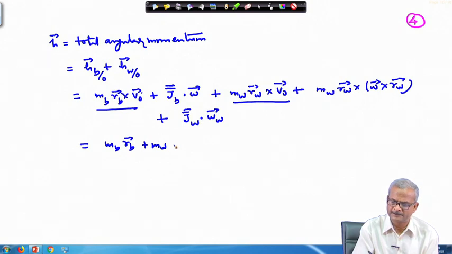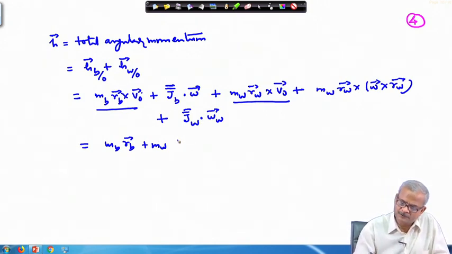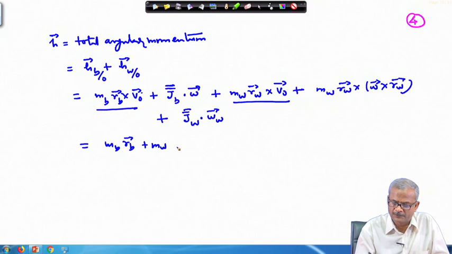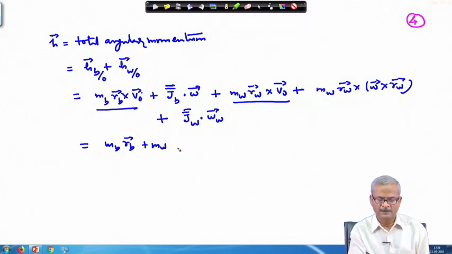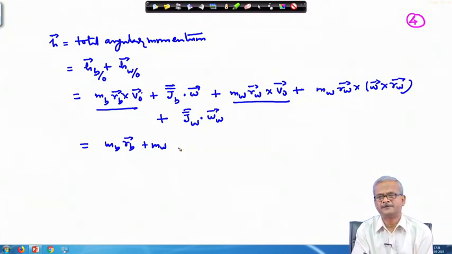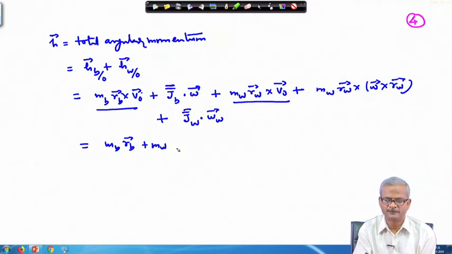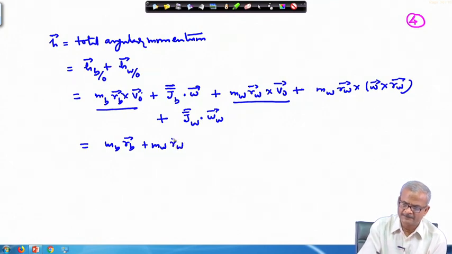But then it deprives us of what happens if the point O does not coincide with the center of mass, and quite often this is the situation. It is not always that your origin lies at the center of mass of the whole system. There may be difficulty with the fabrication of the system itself, so that you are not able to place your center of mass at that point. From there you are doing the measurements. So, in that case these equations we are deriving here will be applicable.